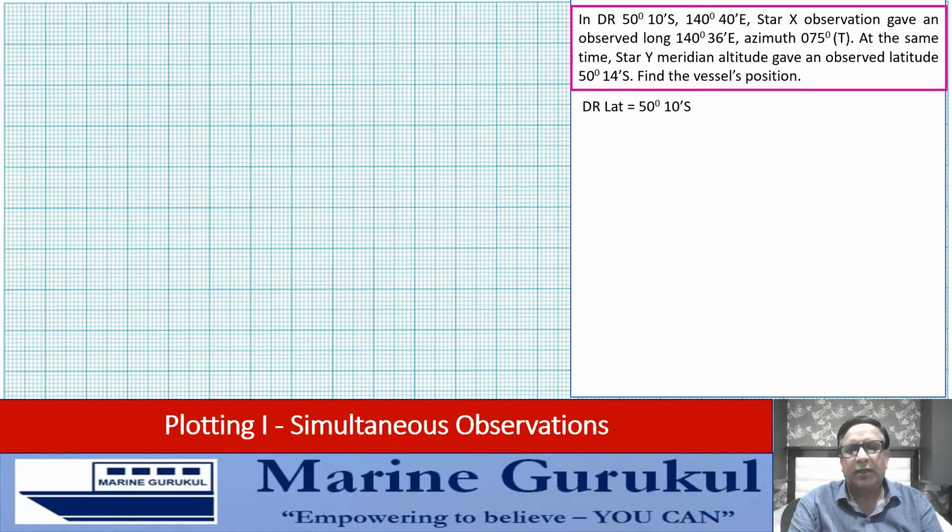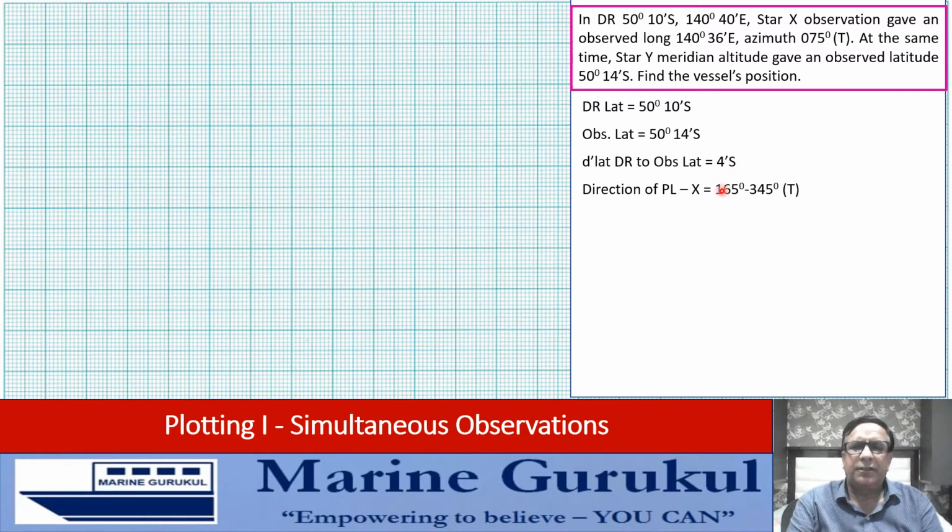Now, having identified the processes deployed for solving the sights, we proceed ahead with the plotting. We have the DR lat coming up on the screen. We have the observed lat. Now the d lat from DR lat to observed lat is 4 minutes south. This information shall be used to plot these two parallels with respect to one another.